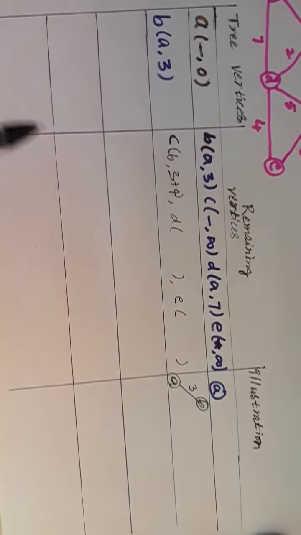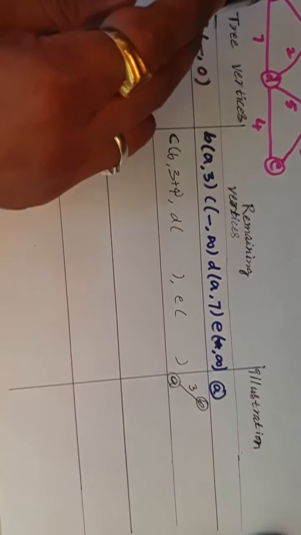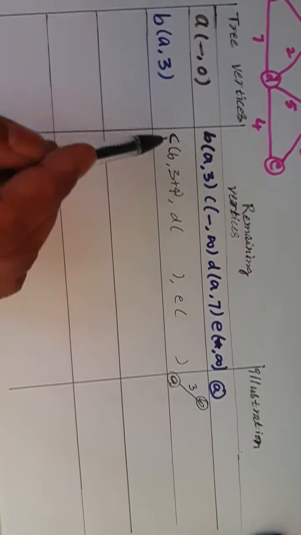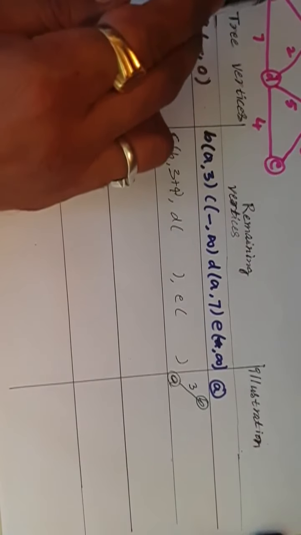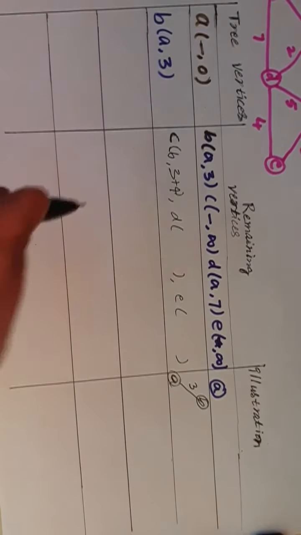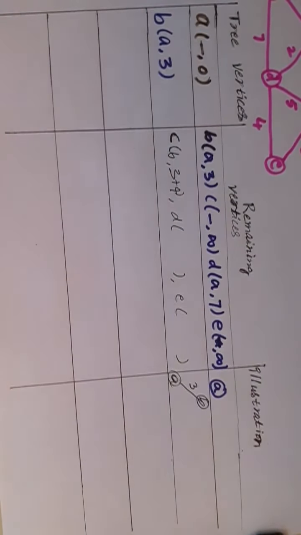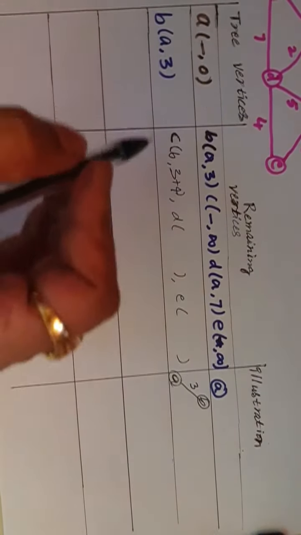Let me explain why: c can reach a through b with the cost 4 plus 3, or 3 plus 4. That is the cost. In the same way you do the calculation for the remaining vertices d and e.